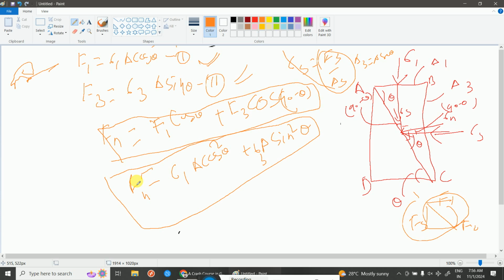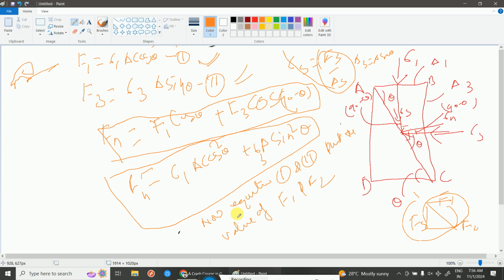Now from equation 1 and 2 put the value of F1 and F3. We have already put this value, so don't worry.